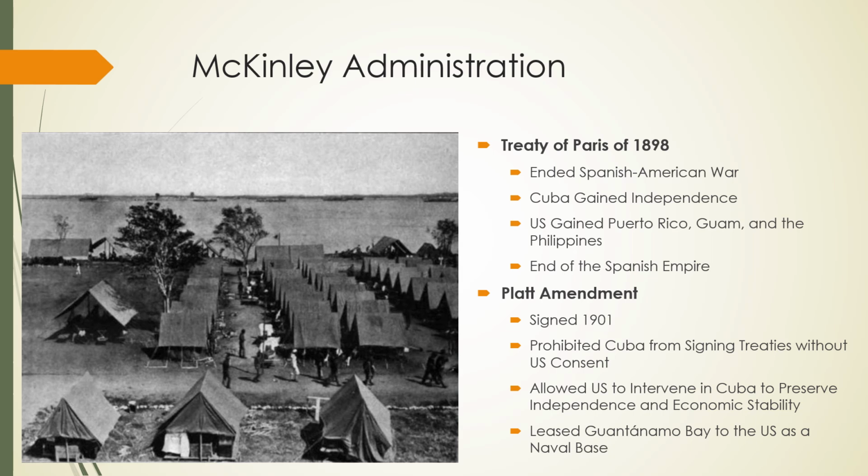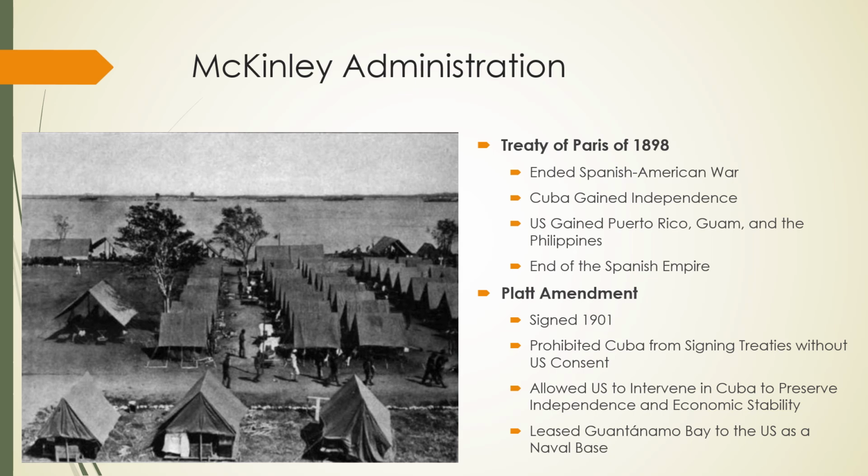So the imperialists still end up accomplishing some of their goals of overseas colonies by obtaining these other places, Puerto Rico, Guam, and the Philippines. And you're probably familiar, Puerto Rico and Guam are both U.S. territories to this day. And so this is really seen as the end of the Spanish Empire.